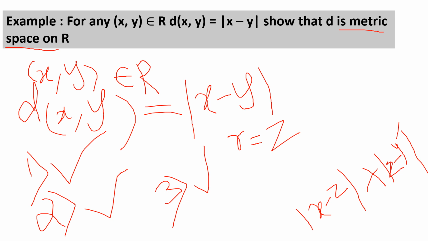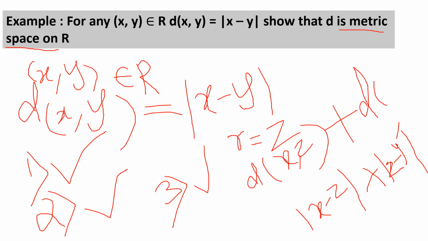So x minus y is equal to d(x, y). x minus z, I can write as d(x, z), right? And mod z minus y, in the form of mod x minus y, I can write as d(z, y).